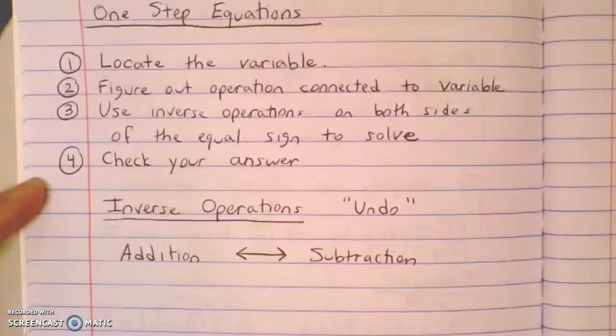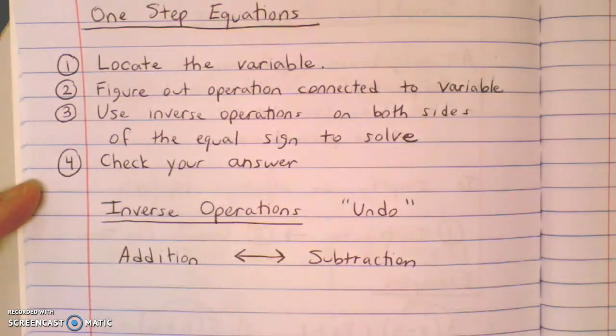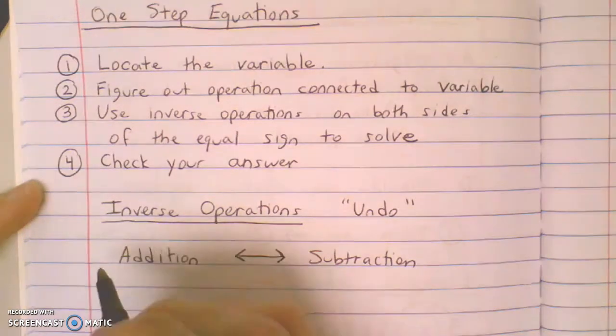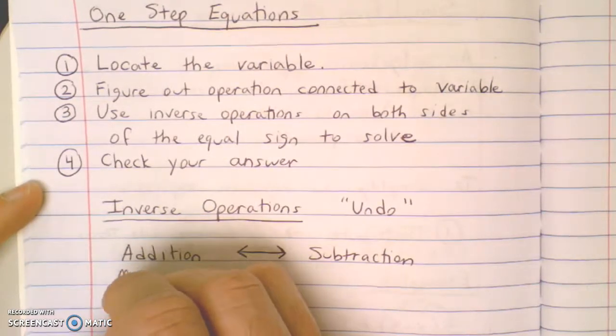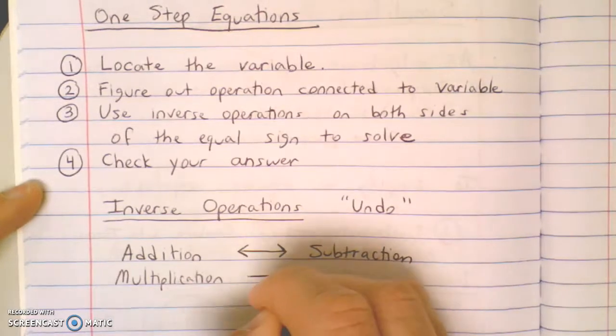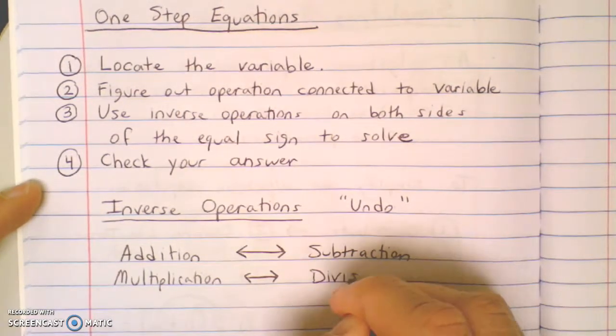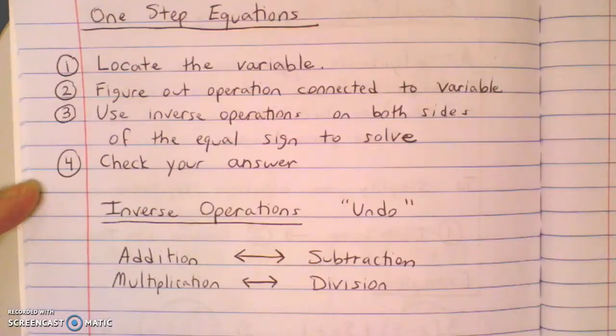So I'm going to draw arrows that go both ways. Addition and subtraction are the undo operations of each other. The other undo operations are multiplication and division. So dividing and multiplying undo each other.